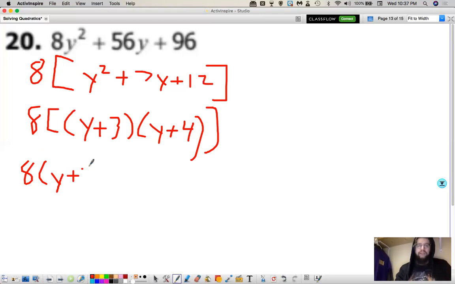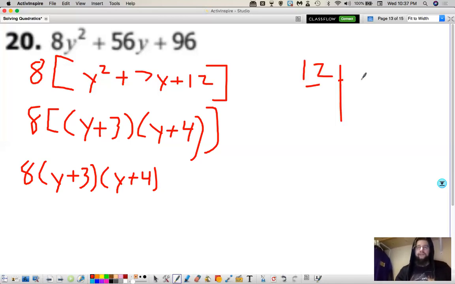For me, you won't have to. Later on, you will have to. Might as well do it now. You want to go through the AC shortcut on that. It's factors of 12 that add up to 7. Well, 3 and 4 obviously are it.